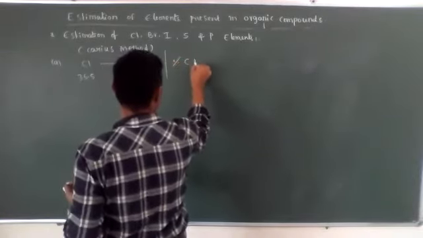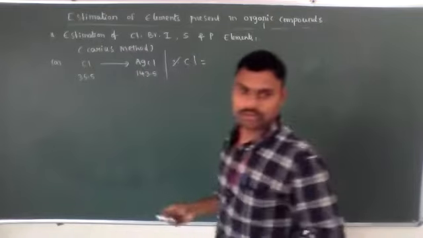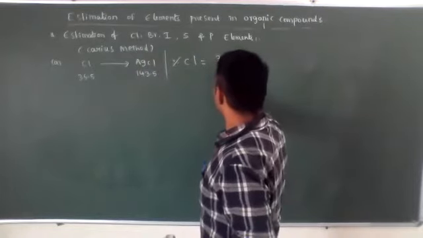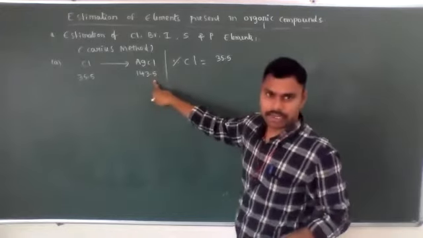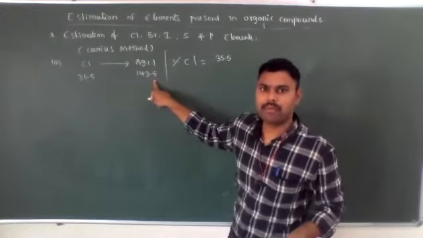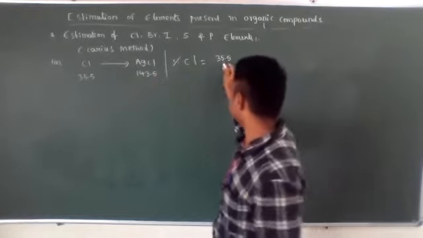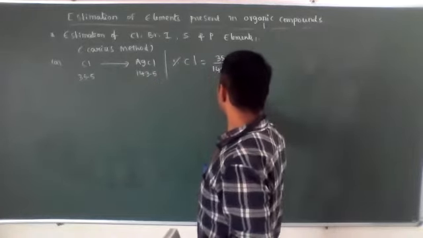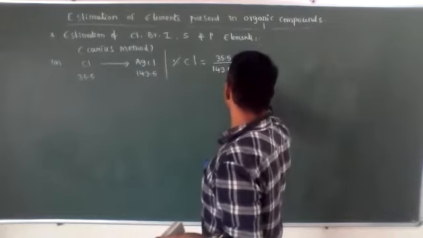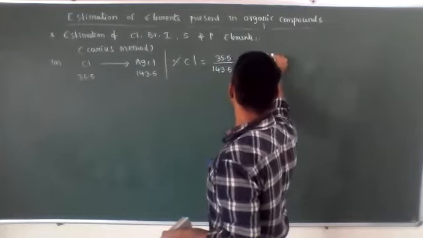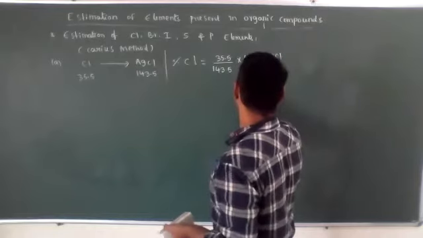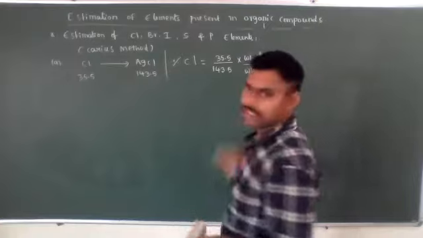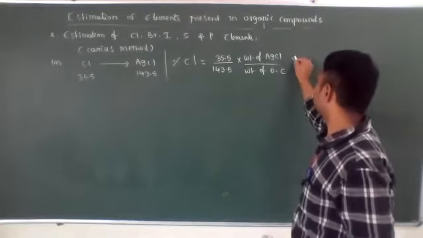The percentage of chlorine is equal to 35.5 by 143.5 into weight of AgCl by weight of organic compound into 100.